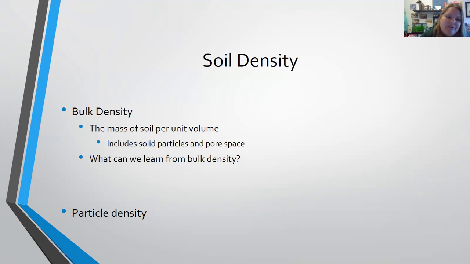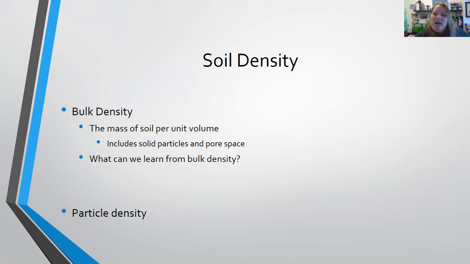So things that we can learn from bulk density are, where's our soil at as far as the amount of aeration, our water holding, how much pore space is there? Is our soil compacted? Is that why we're having issues with growing plants? Or, is this at the right bulk density to build a house on?